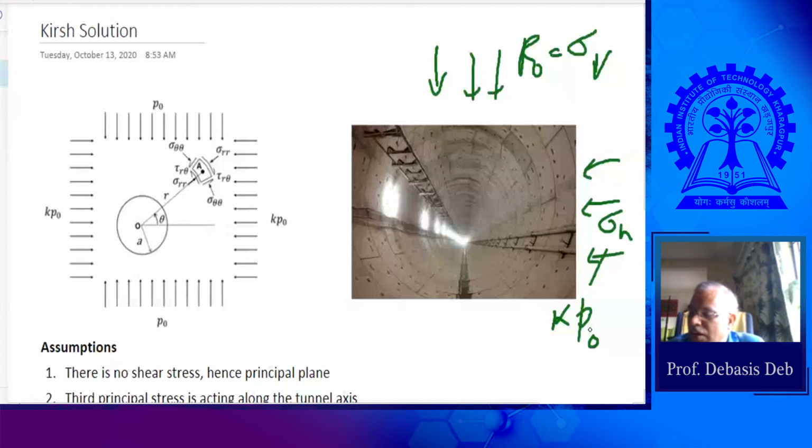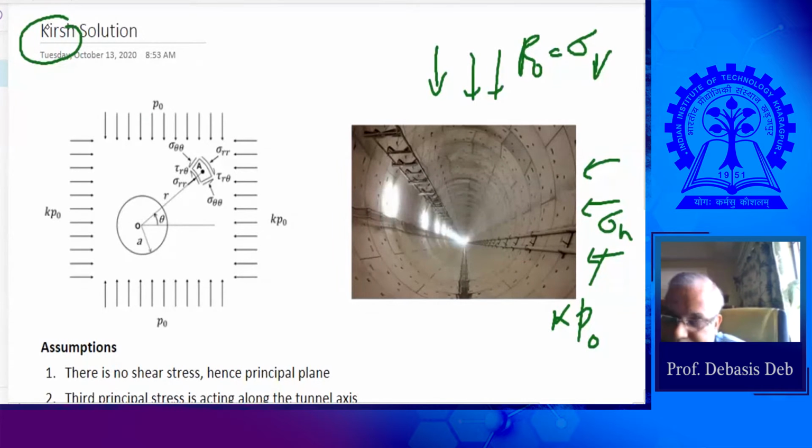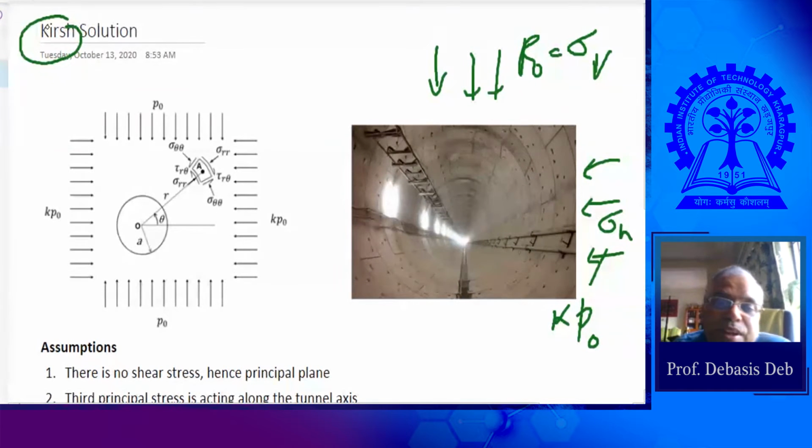Now there is a person called Kirsch. Here is another assumption I am going to tell you. What we are trying to find out is the difference between in situ stress and induced stress. Let me tell you this.